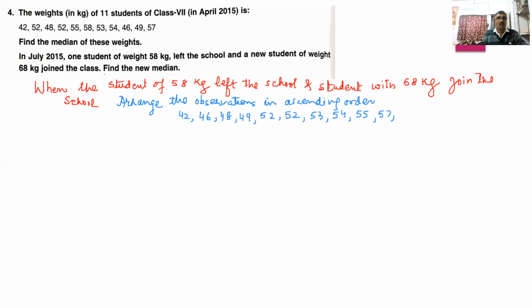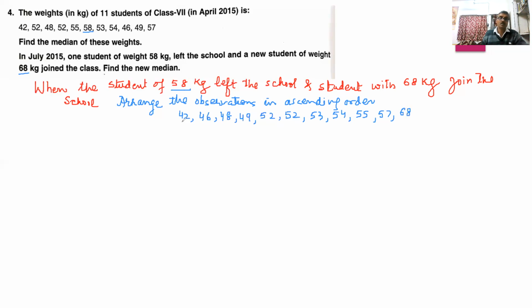In last, instead of 58, we will write down 68 because the student with weight 58 kg left the school. So in last we will write down 68.